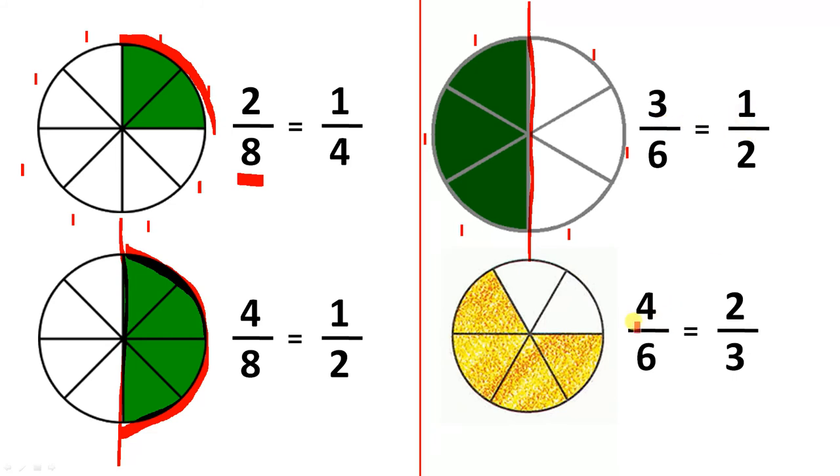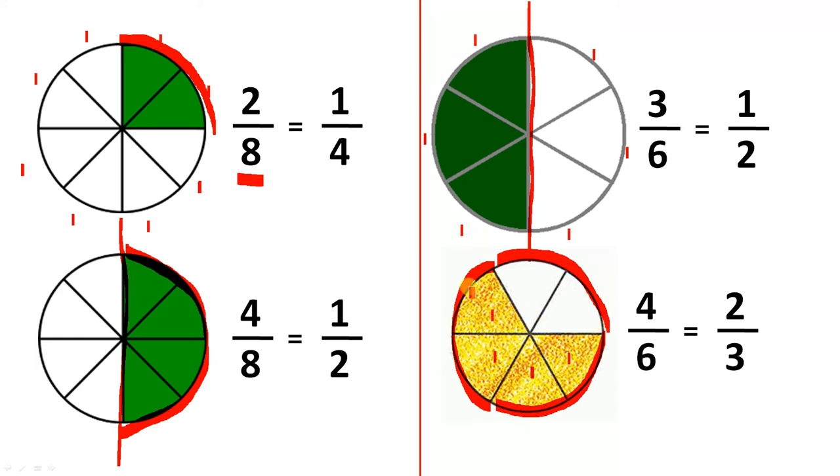Let's look at 4/6. Now, the pizza again is sliced into 6 parts. However, we're just considering 4 of them. 1, 2, 3, 4. So there we are. So that's 4 over 6. Now how does that equal 2/3? Well, if that part there equals 1/3, that part there equals another third, that's 2/3 altogether, and that part is also 1/3.